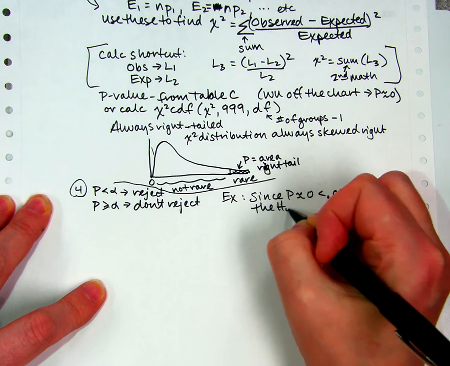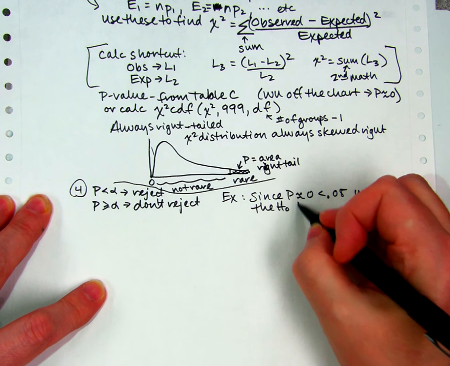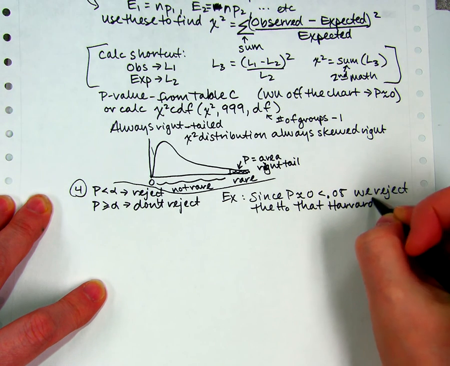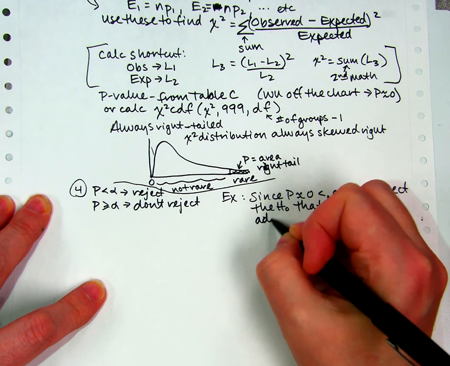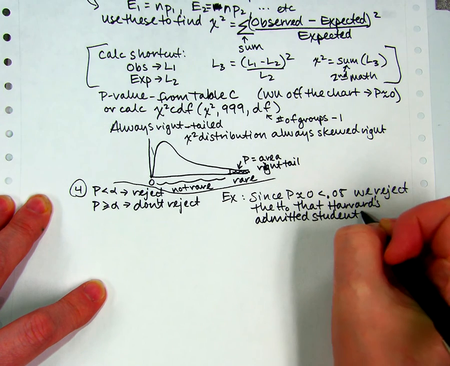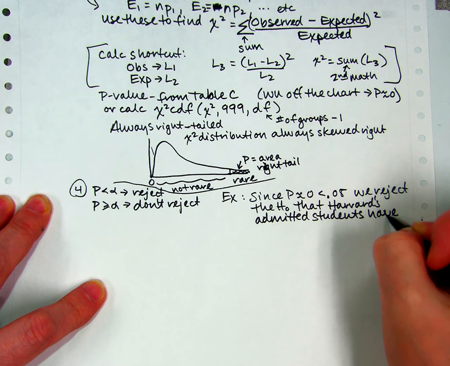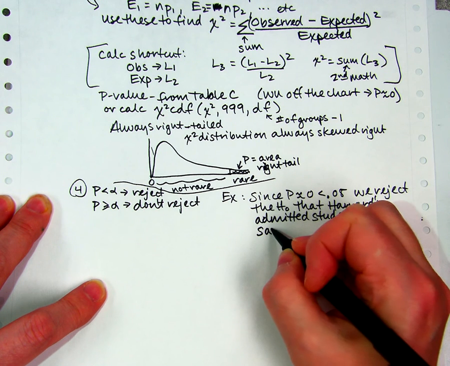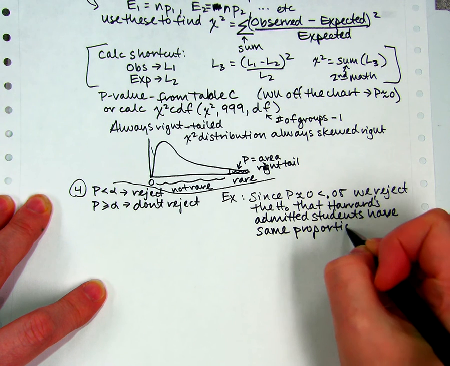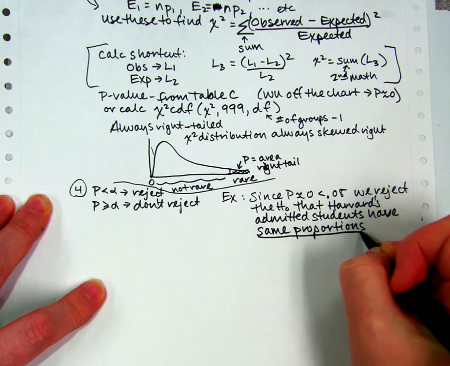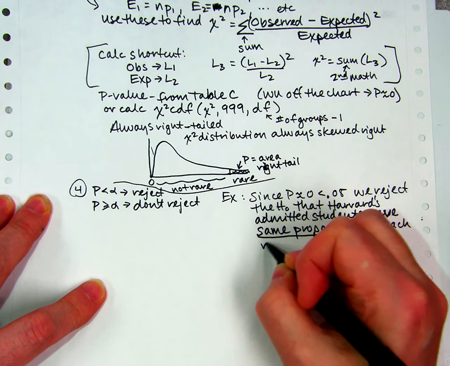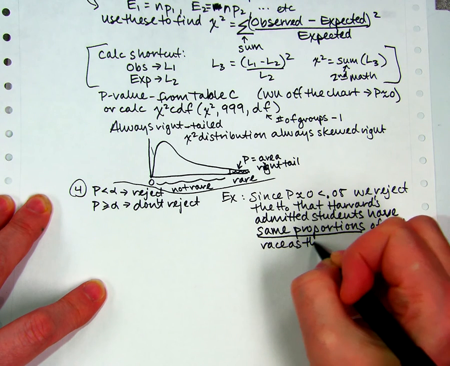And remember, the null said that Harvard did not discriminate, that Harvard's admitted students have the same proportions of each race as their applicants. That same proportions idea is still really important, of each race as the applicant pool.